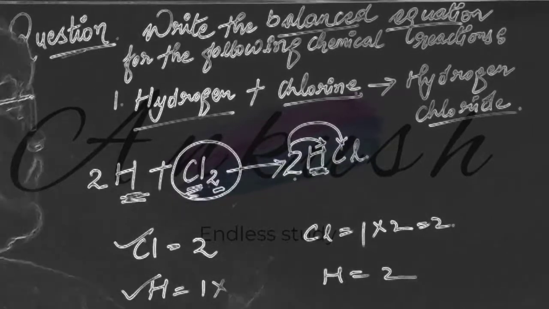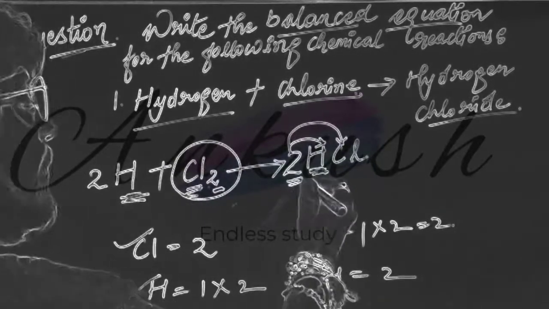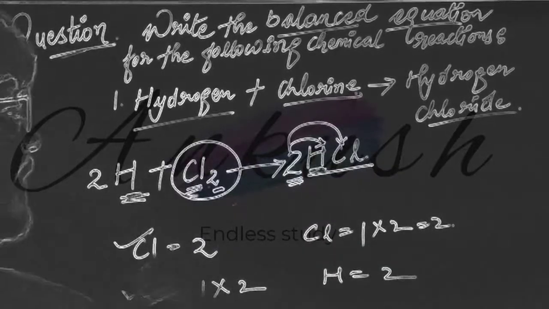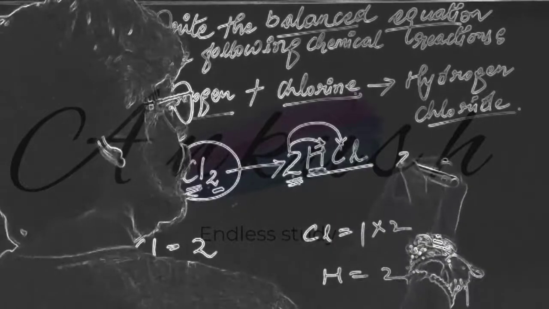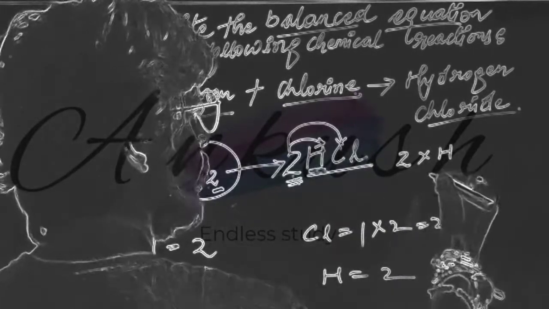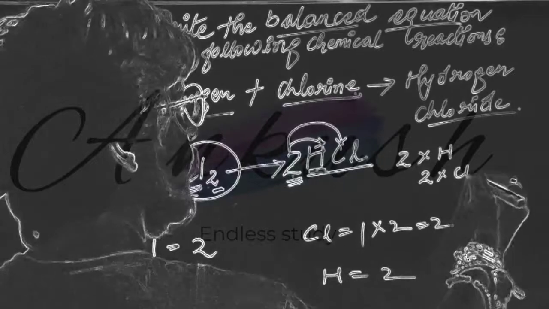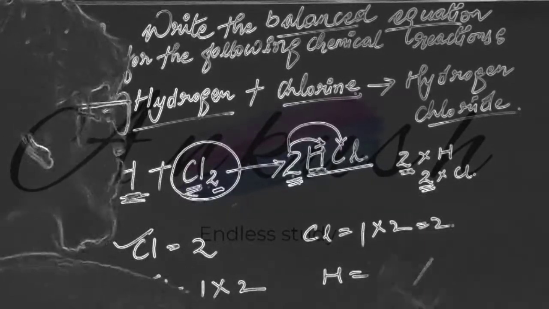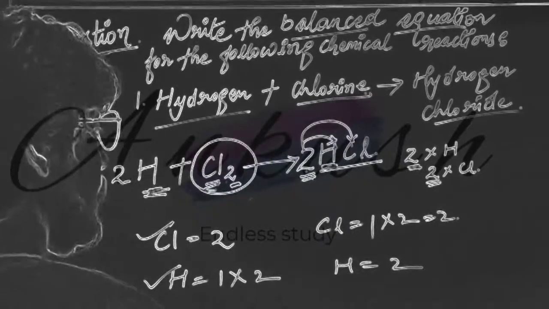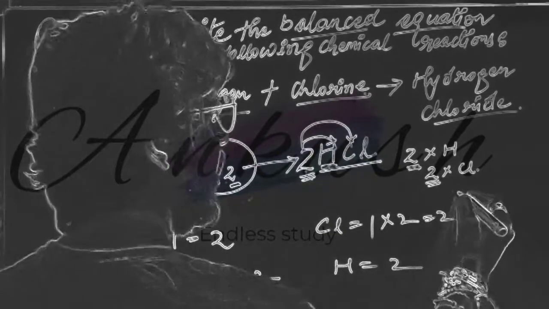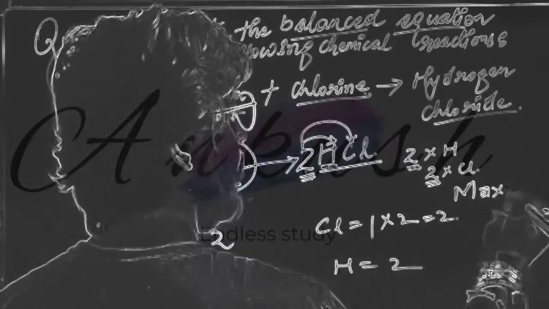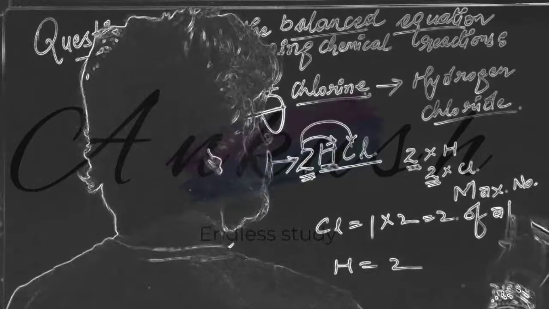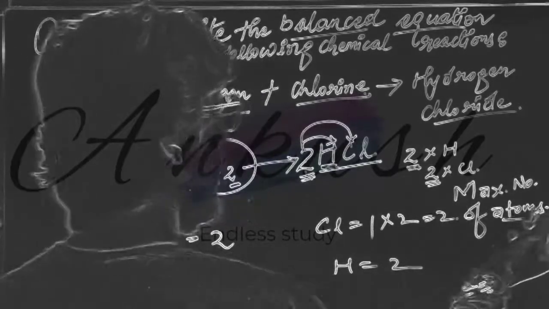One thing let me tell you, when we write any number here in multiplication, it gets multiplied to each element. Like if I write 2 here, 2 is getting multiplied to the hydrogen also and 2 is getting multiplied to the chlorine, meaning 2 atoms of hydrogen and 2 atoms of chlorine. And as per the rule, we have to see the element or compound having the maximum number of atoms, and that we did here.